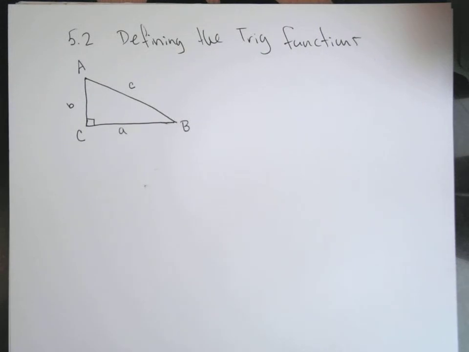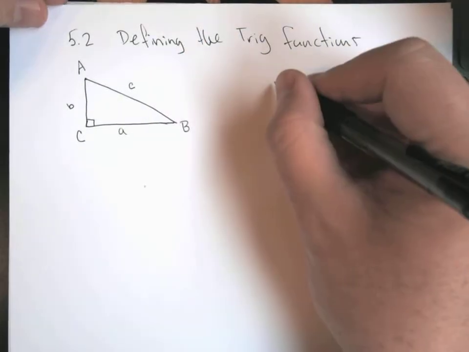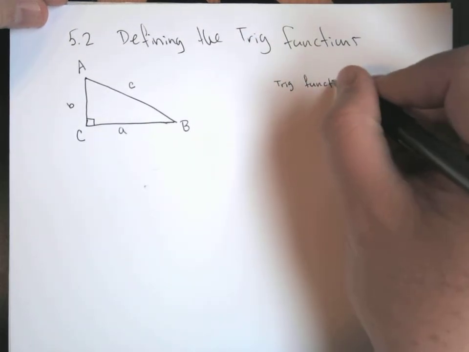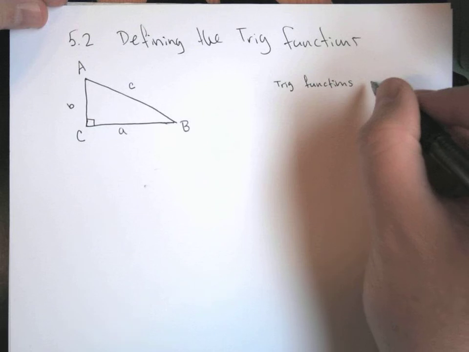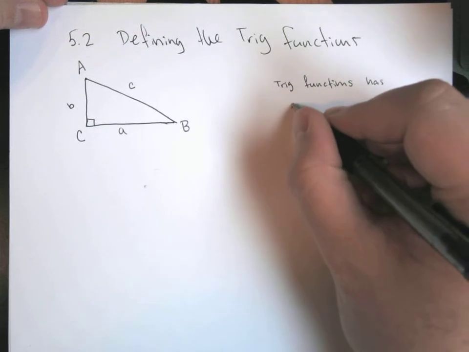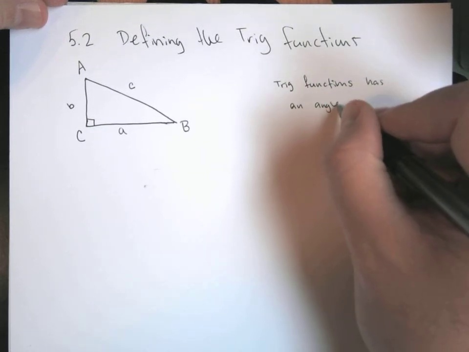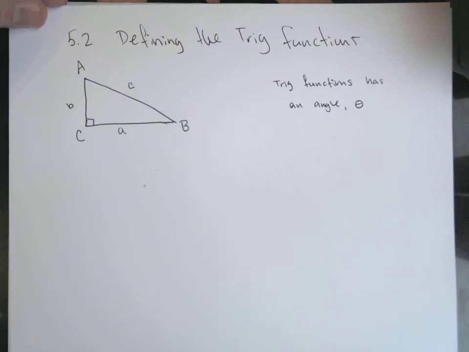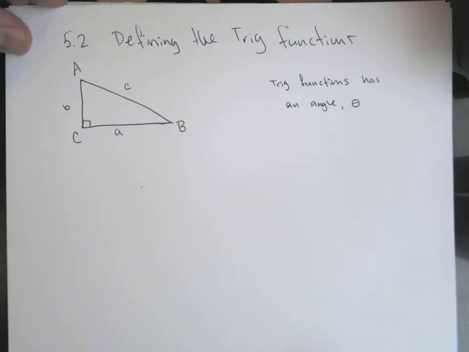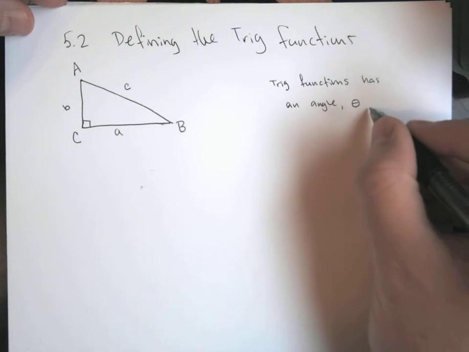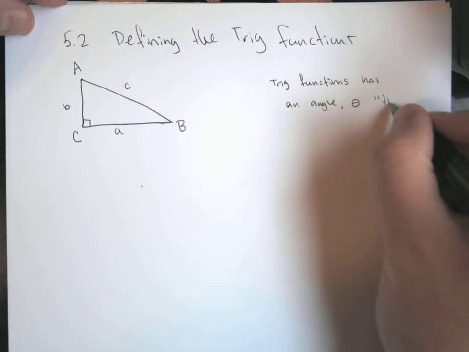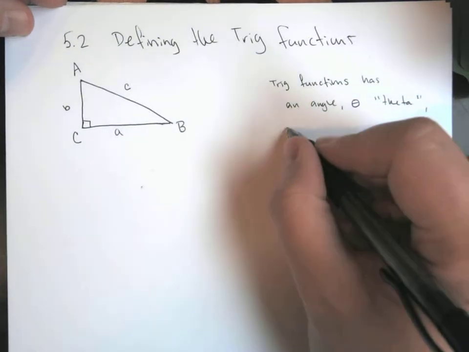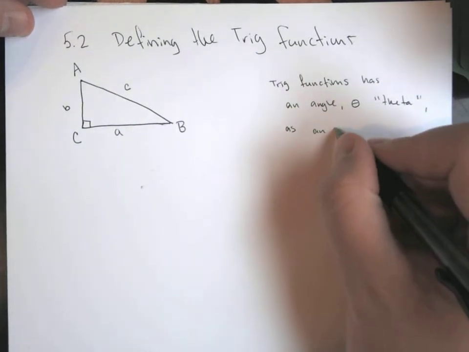So when we're defining the trig functions, they have an angle as their input. And what we're going to use is theta, which is a Greek letter. So it has an angle, theta, as an input.